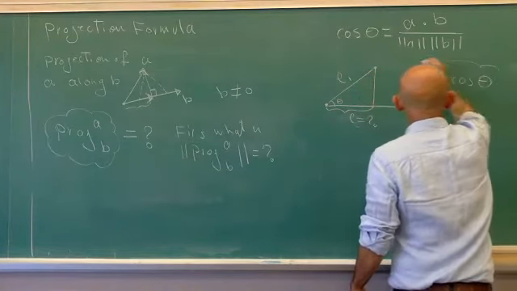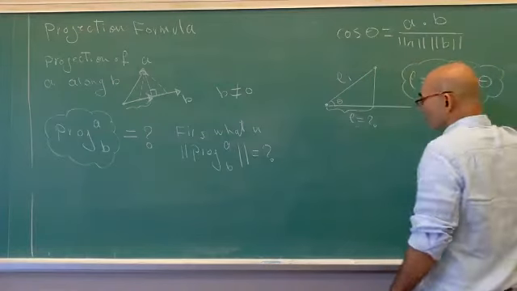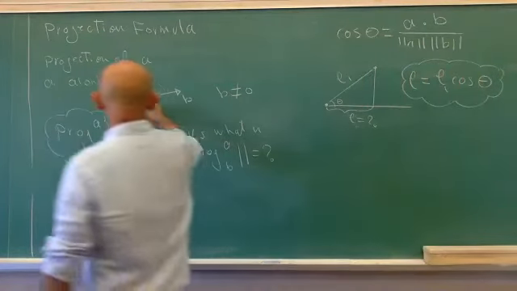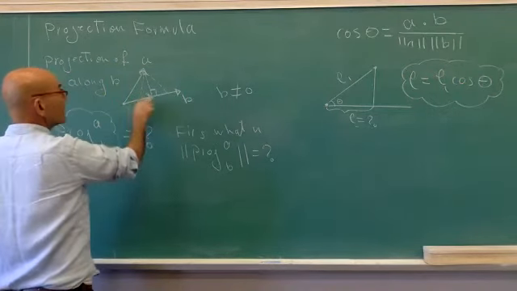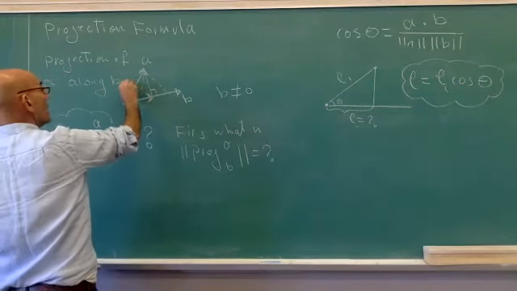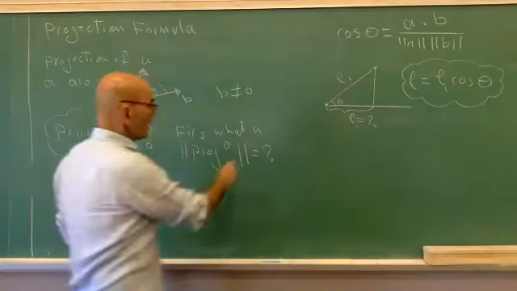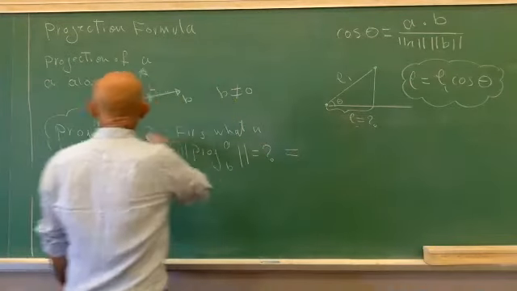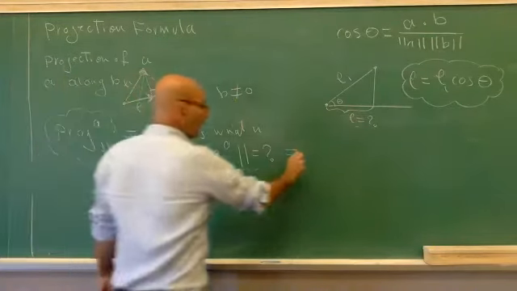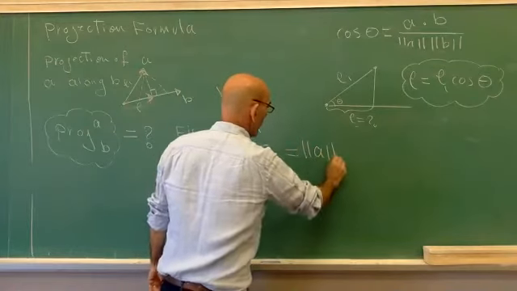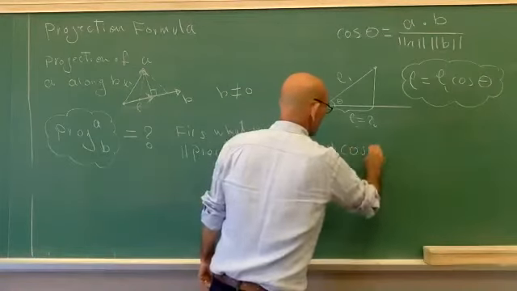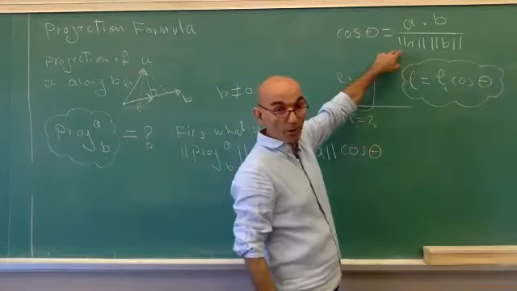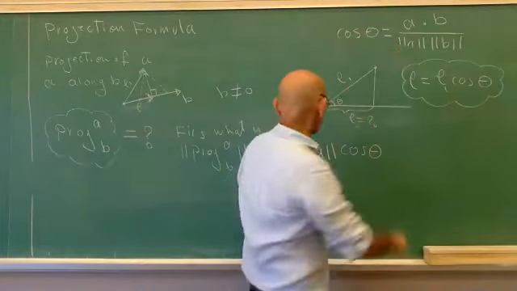Many others also. Okay. So if you use this formula in this picture, then this is L, right? And this is L1. So the length of this is equal to L1, which is the length of A, just the norm of A, times the cosine of the angle, right? But cosine of theta we know already in terms of the dot product, so let's continue.